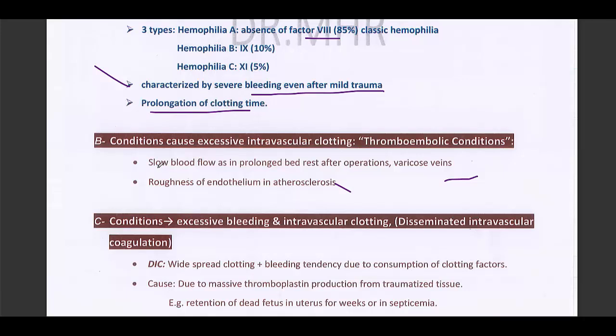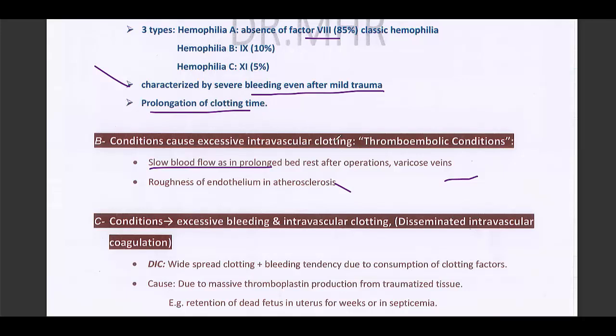And also slow blood flow. Fast blood flow is important to prevent clots. If it is slow, as we said before, the platelets will stick to each other and be activated and make a thrombus.